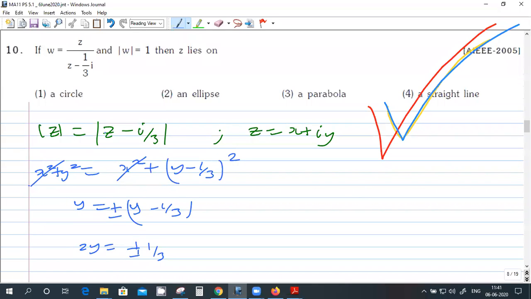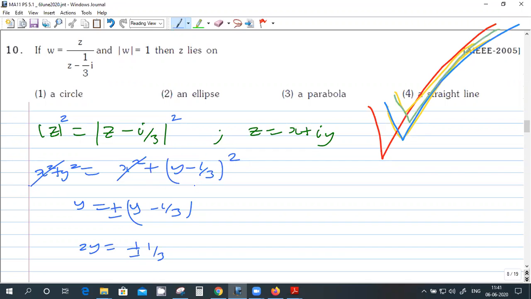Mod Z is equal to mod of Z minus i by 3, right? Z equal to X plus iY. So the left hand side is X square plus Y square, I can square both the sides. So that will become X square plus Y square on the left hand side, and the right hand side is X square plus (Y minus 1 by 3) square.